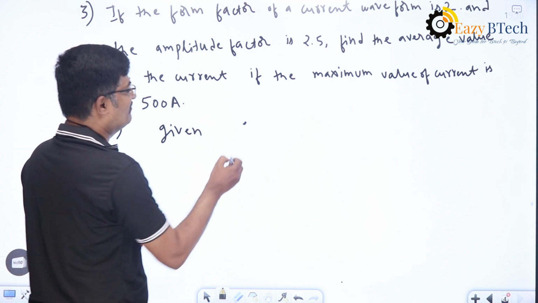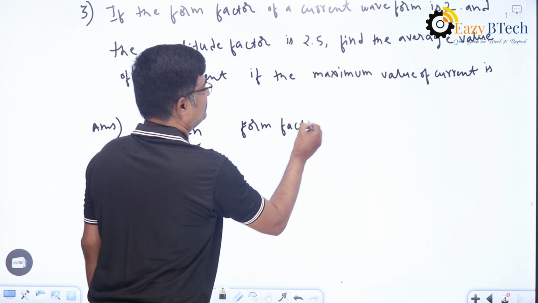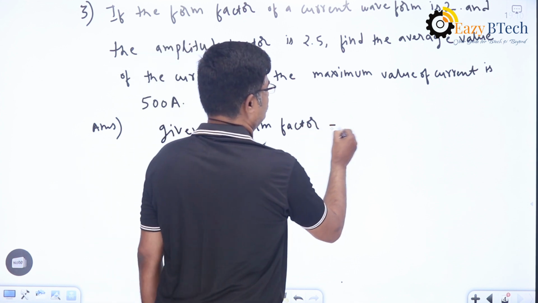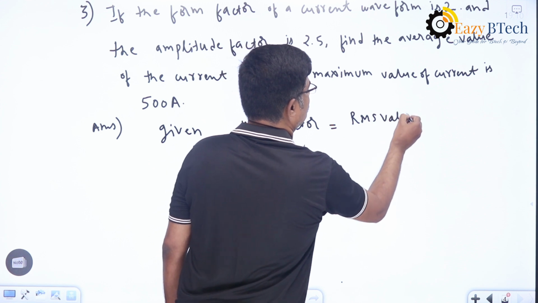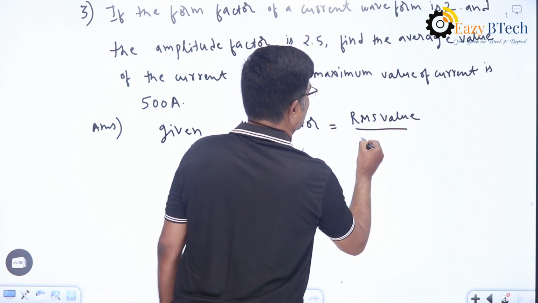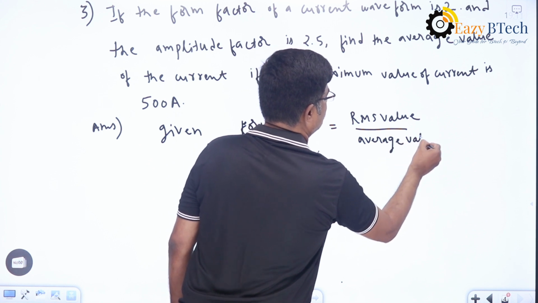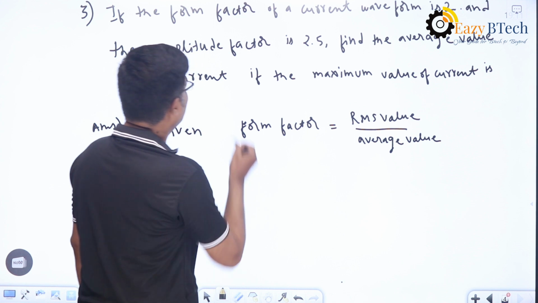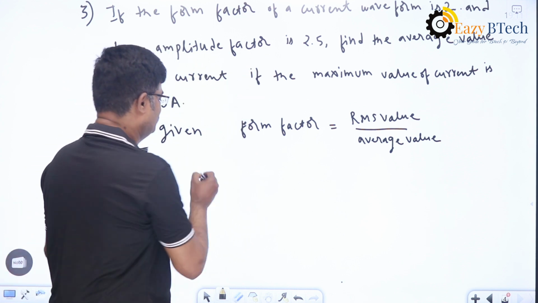Given is form factor. My form factor is equal to RMS value by average value. Next, once again, amplitude factor is the same. Amplitude factor or peak factor both are same.